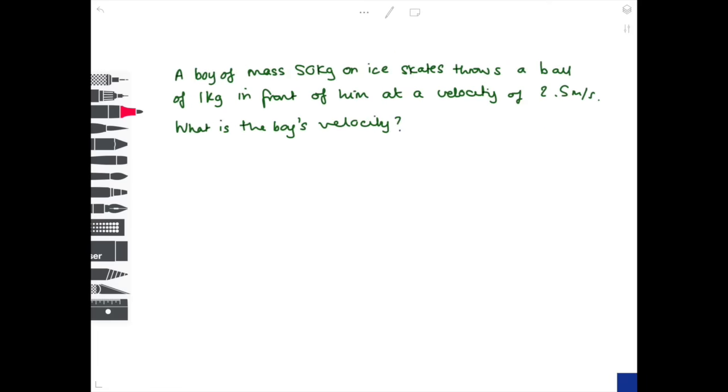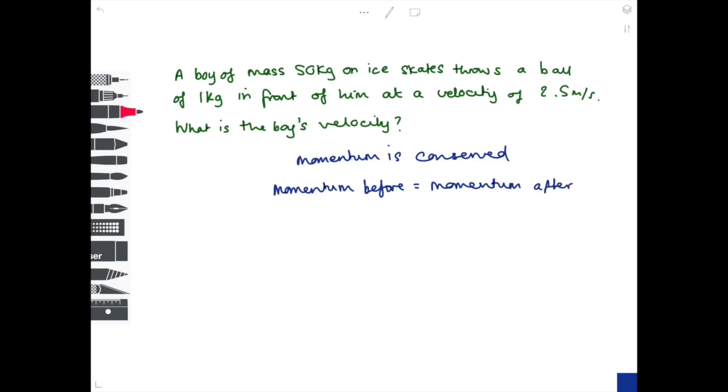In this question, a boy of mass 50 kilograms on ice skates throws a ball of 1 kilogram in front of him at a velocity of 2.5 meters per second. What is the boy's velocity? So, stating the same as usual, momentum is conserved. It's worth writing that because even if you get the calculation wrong, there tends to be a mark available for writing it. Momentum before equals momentum after. The momentum before is 0 because neither the ball nor the boy has moved.